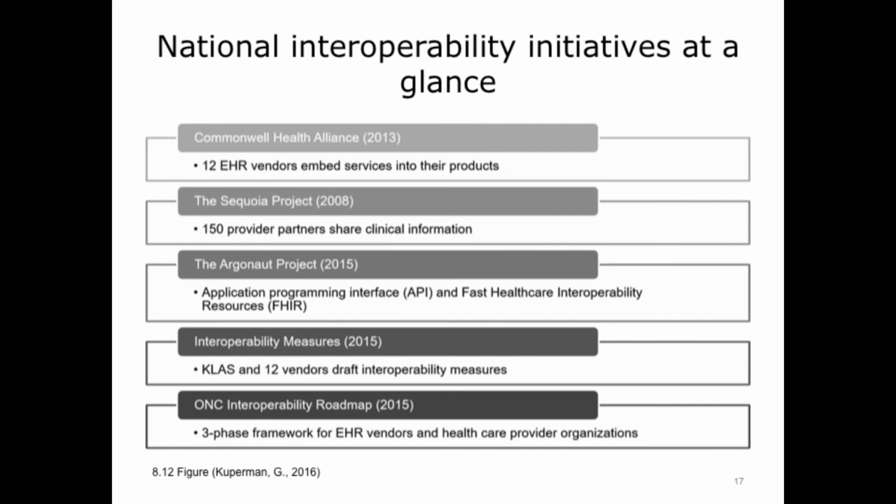The Argonaut project has been developing application programming interfaces, APIs, and fast healthcare interoperability resources, FHIR, standards since 2015. Vendors and CLASS have drafted interoperability measures starting in 2015. Also in 2015, ONC published an interoperability roadmap that provides a 3-phase framework for vendors and healthcare providers.